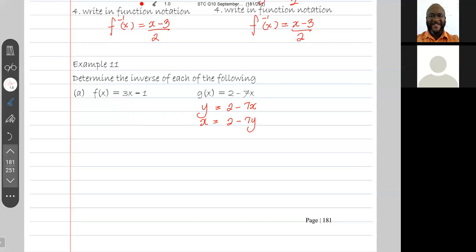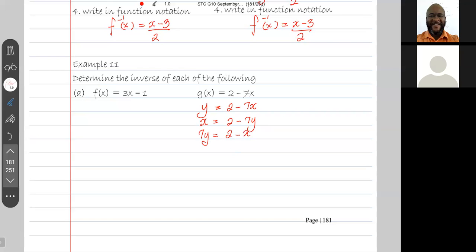Step 3 is to make y the subject again. So at step 1, y is the subject, and at step 3, we need to make y the subject again. So for that, I'm going to have minus 7y on the right, and I'm going to bring it over to the left, and it becomes positive 7y is equal to 2 minus x.